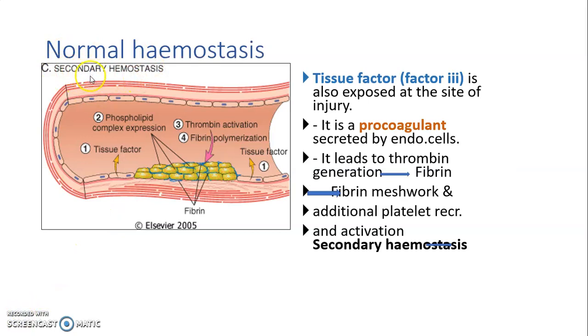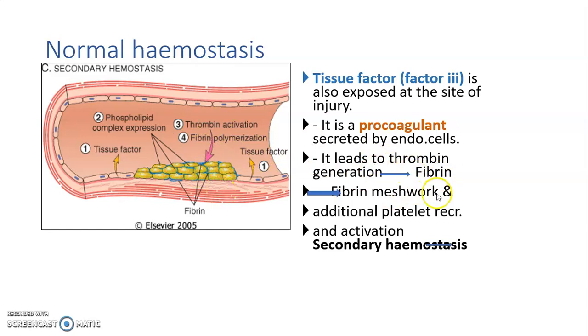After formation of the primary hemostatic plug, there is secondary hemostasis. The tissue factor, that is factor 3, is also exposed at the site of the injury. It is a procoagulant secreted by the endothelial cells. It will lead to thrombin generation that will cause fibrin deposition.